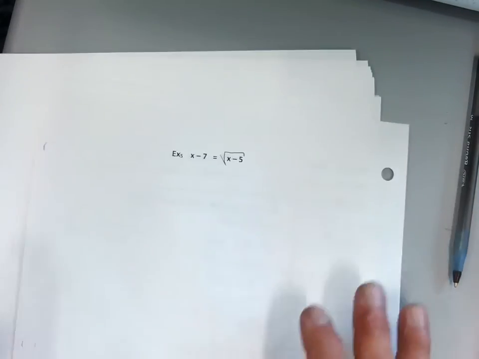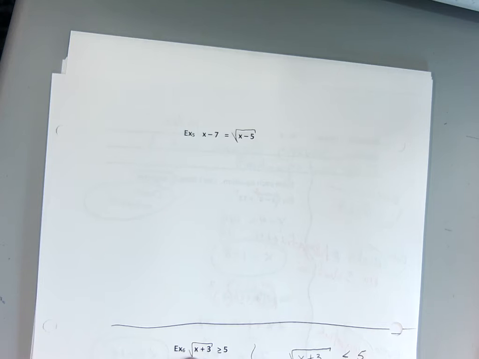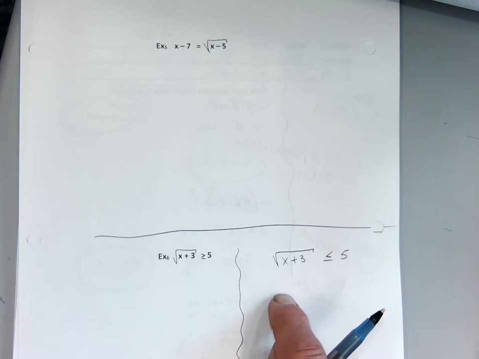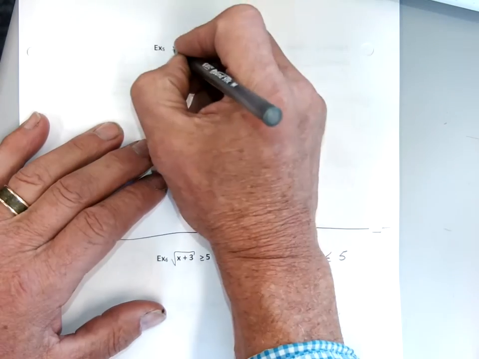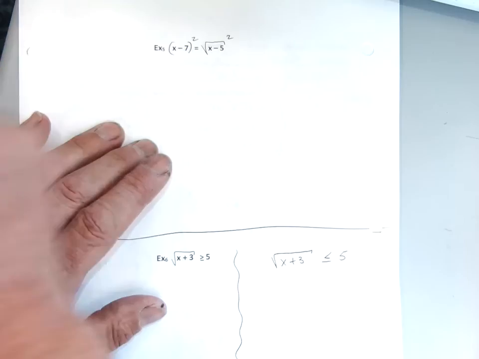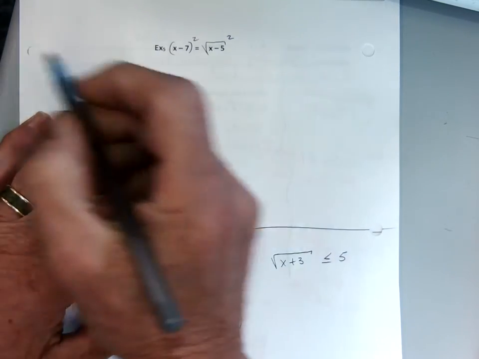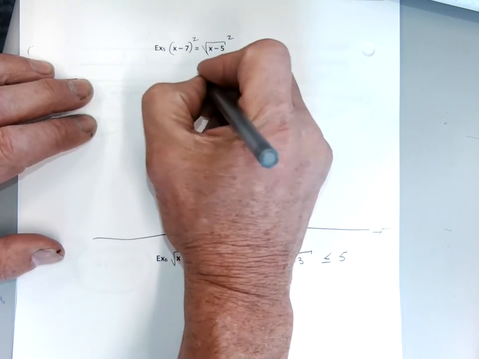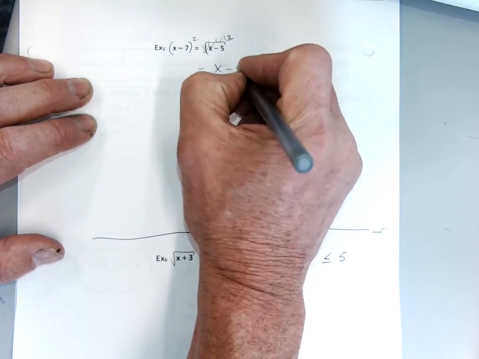Now, example 7. We're not going to do 6 until Monday, but let's look at example 7. What I'm going to do is square both sides. Watch carefully, this is a harder problem. If I square both sides, the square cancels the square root.